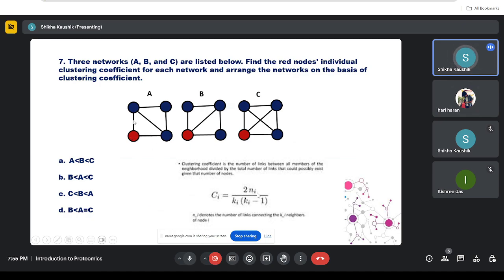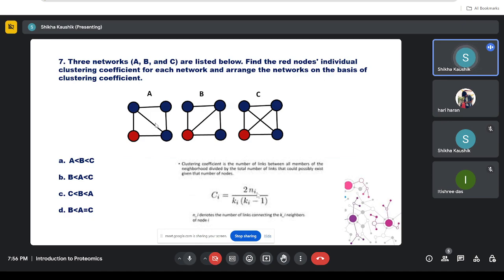So it has two neighbors, right? So that is 2. In case of A, ki is 2. In case of A, the ni is 1 because there is one link between its neighbors. So the answer here is going to be 2 into 1 upon 2 into 1. That gives 1, right?